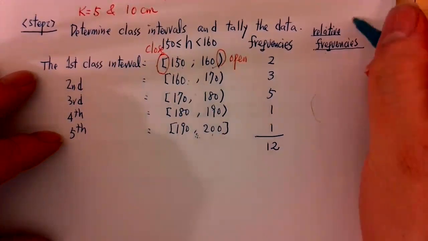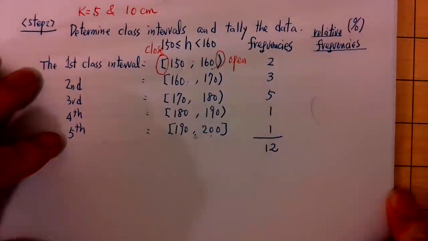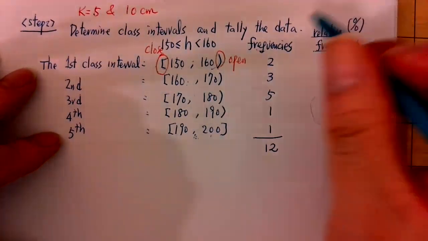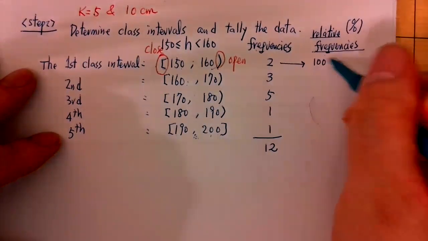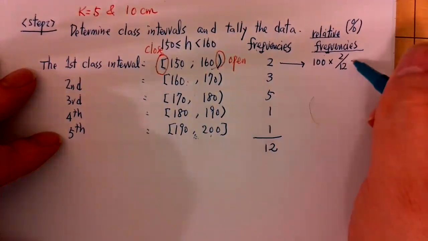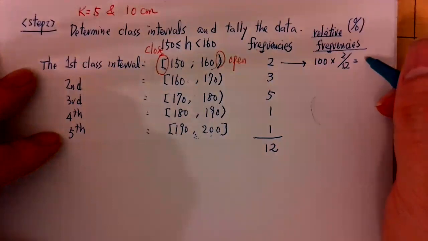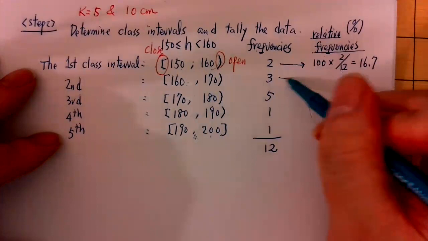Relative frequency are the percentages, okay? Now, how can we convert from frequency to relative frequency? It's 100% times 2 over what? 12. This converts to what? 16.7%.